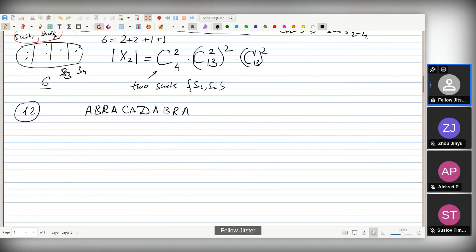It is important here that we have multiple occurrences of one letter. Is it clear? Multiple occurrences of one letter. Say, here we have 5 occurrences of A.